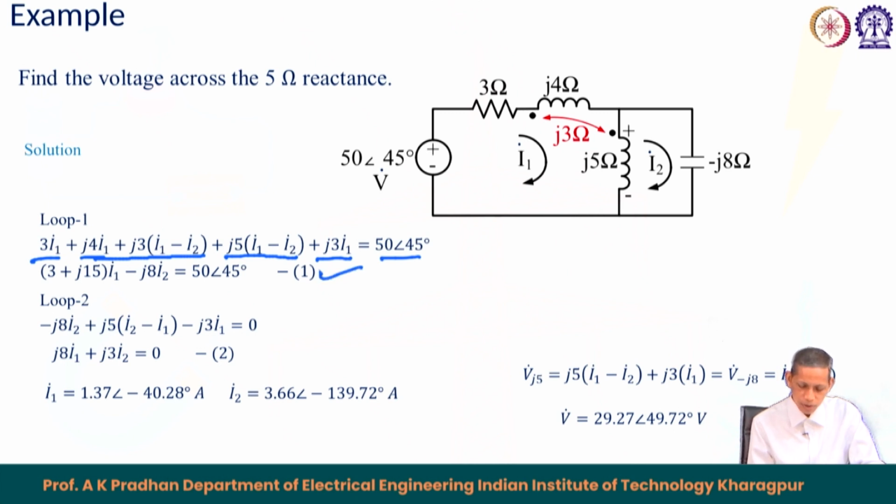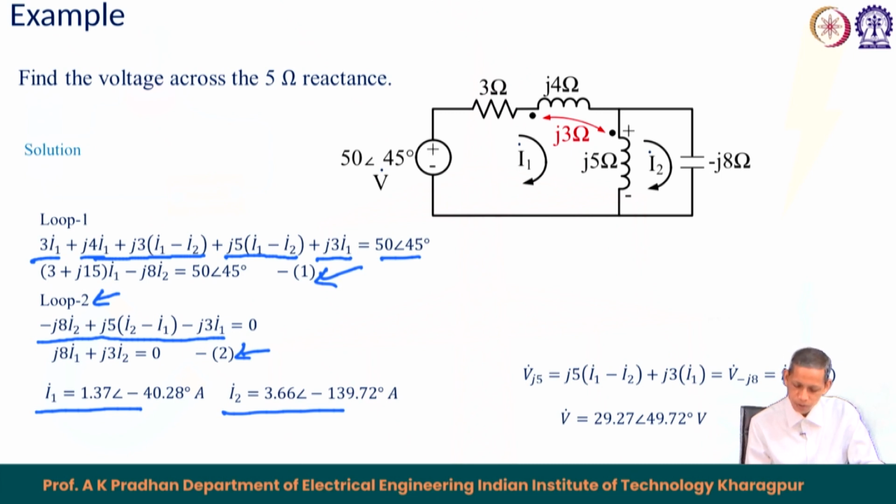So, this gives us the loop 1 equation: 3 plus J15 times I1 minus J8 I2 equals 50 with an angle of 45 degrees. Similarly, for loop 2 we write the equation, and this gives us minus J8 I1 plus J3 I2 equals 0. This gives us I1 to be 1.37 at minus 40.28 and I2 to be 3.66 at minus 139.72.